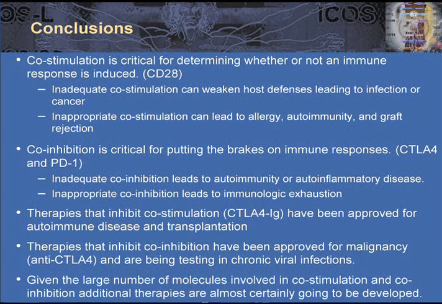And they're now being tested in some chronic viral infections. Given the large number of molecules involved in co-stimulation and co-inhibition, it's very likely that we're going to be seeing a lot of therapies targeting these pathways, and these will be used not only in autoimmune diseases but also in infection and oncology.